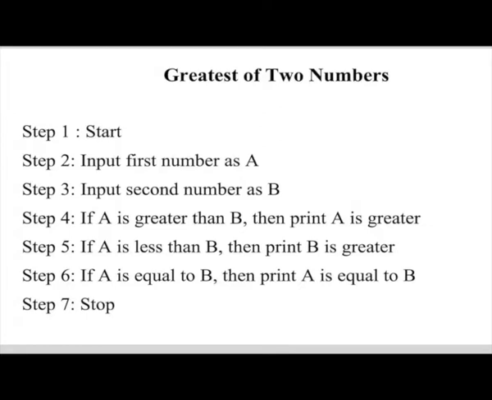Step 2, input first number as A. Step 3, input second number as B. Step 4, if A is greater than B, then print A is greater. Step 5, if A is less than B, then print B is greater. Step 6, if A is equal to B, then print A is equal to B. Step 7, stop.